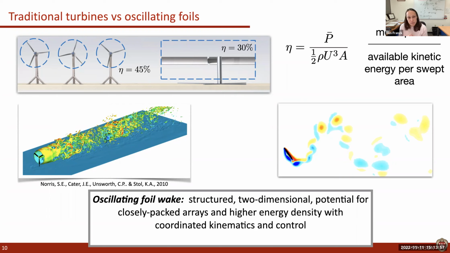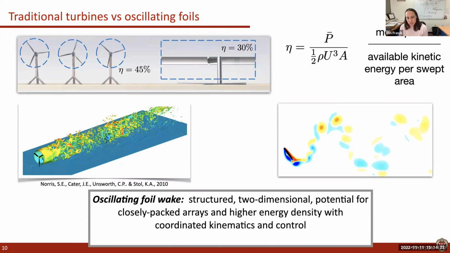But there's an argument to be made that even though the single device efficiency is lower, there's still lots of advantages. If the efficiency calculation is the power that the device extracts divided by the power available in the swept area, then with a circular turbine, no matter how hard I try, I'm always going to sweep the same exact area.